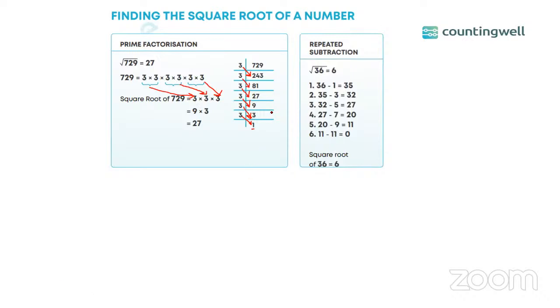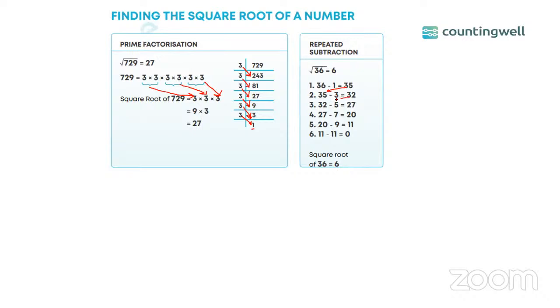There is one more method to find the square root of a number, that is repeated subtraction. In this process, we keep subtracting consecutive odd numbers. To find the square root of a number using repeated subtraction, we keep subtracting consecutive odd numbers, that is 36 minus 1, which is 35. We take 35 for the next step and subtract the next odd number, which is 3.